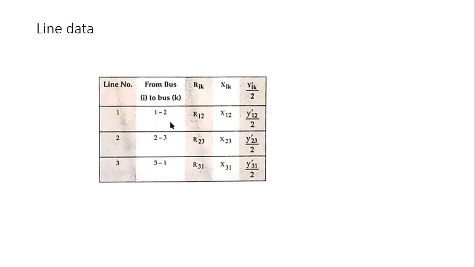Therefore, I is equal to 1 and k is equal to 2 in the first line. In the second line I is equal to 2 and k is equal to 3. In the third line, I is equal to 3 and k is equal to 1. Substitute those values and form the line data.